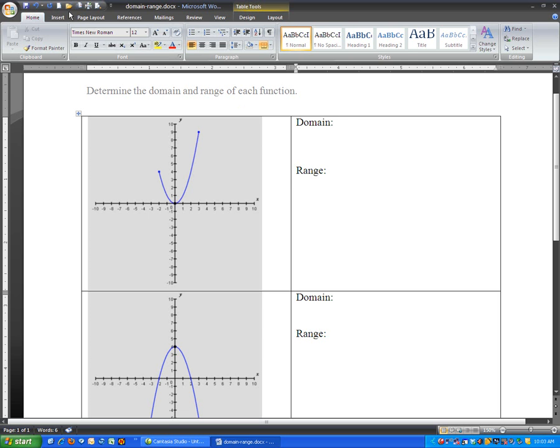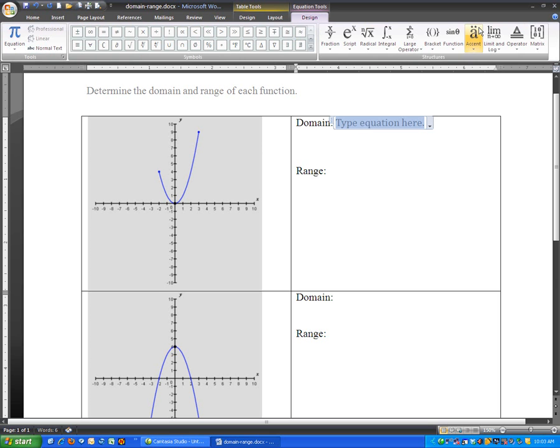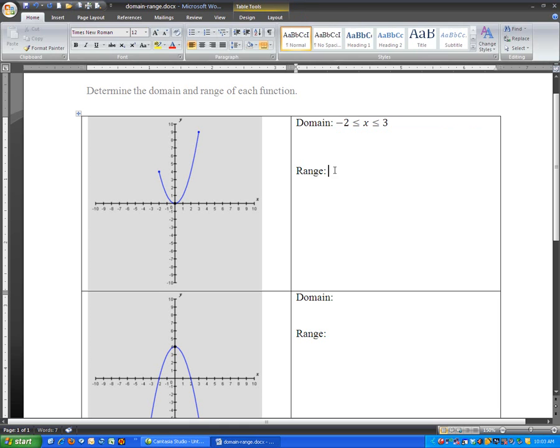So our domain, we would come here, and use the equation editor in Word to type this in. Our smallest x value was -2. So -2 is less than or equal to x, less than or equal to 3. That was our biggest x value. Range, on the other hand, means our y values. So let's look at the range here. The lowest point on this graph is right here. y is 0.